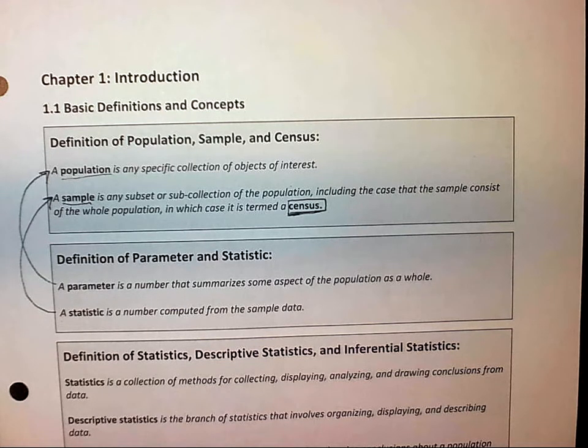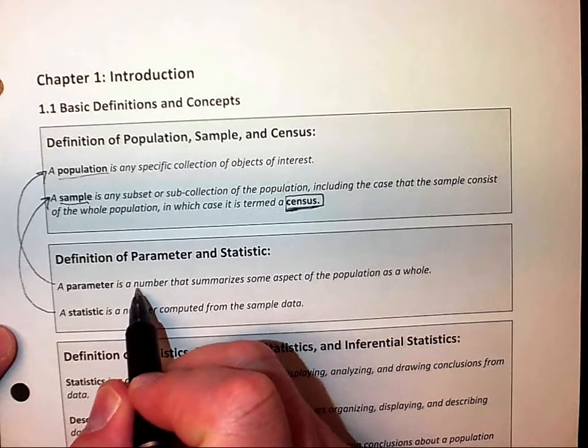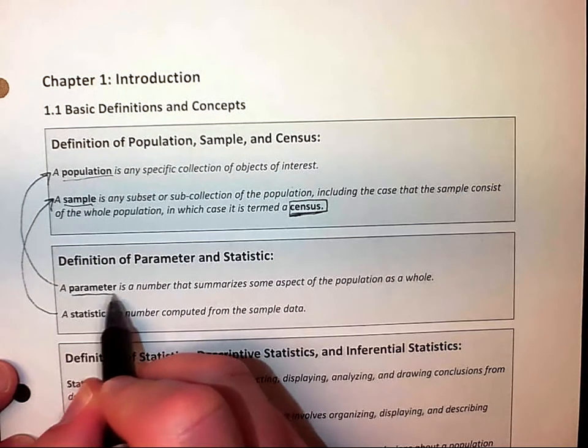Let's say you took that tape measure and literally measured the height of every single person on campus, so 30,000 people, and you took the average of all of their heights. Then that would be a number that summarizes some characteristic of your population, the height. So that number would be a parameter.